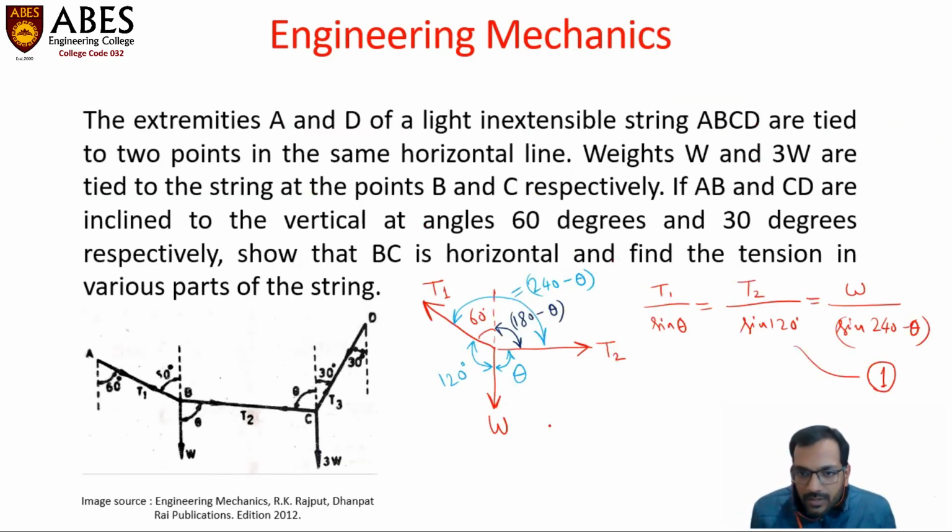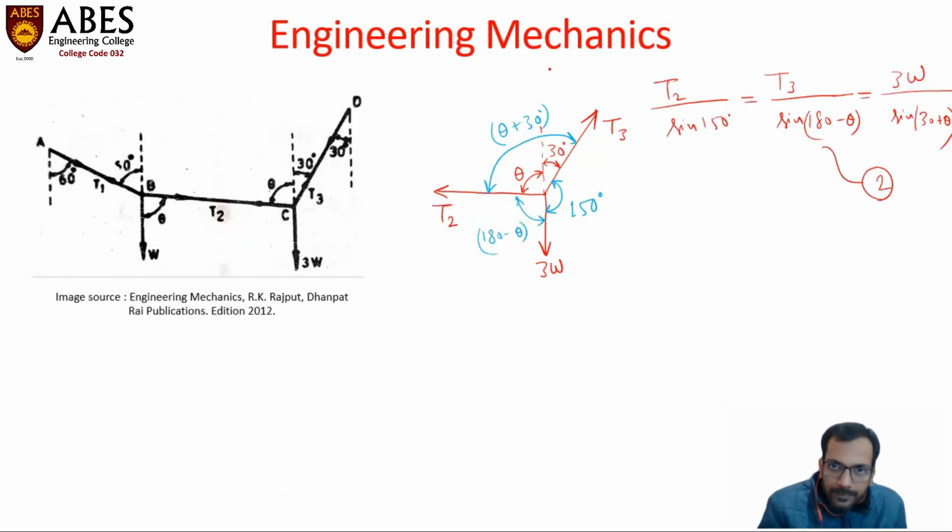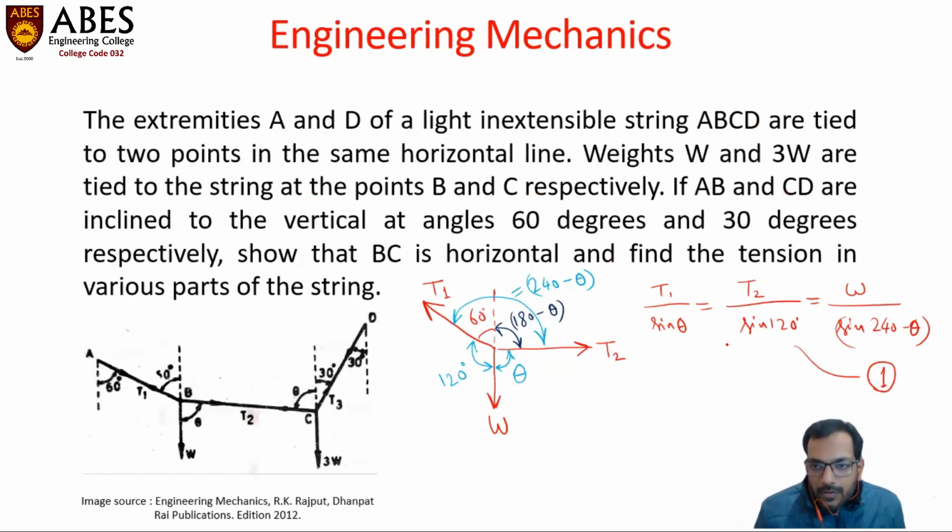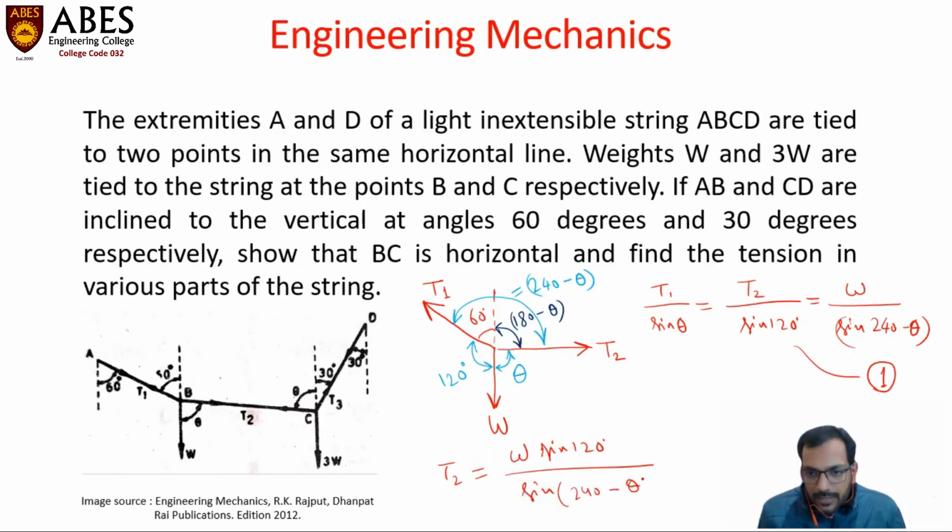From expression number 1, we can calculate the value of T2 as W sine 120 upon sine 240 minus theta.